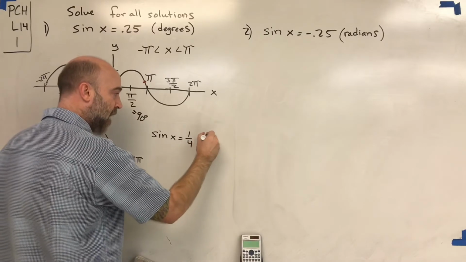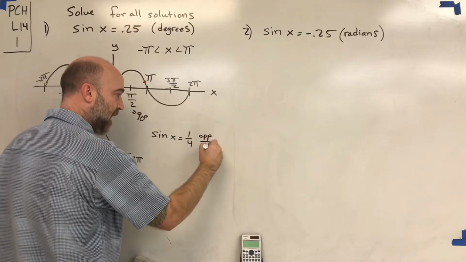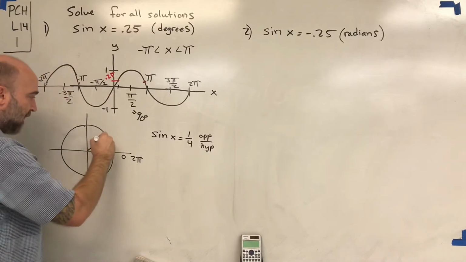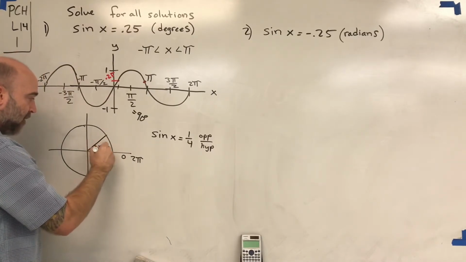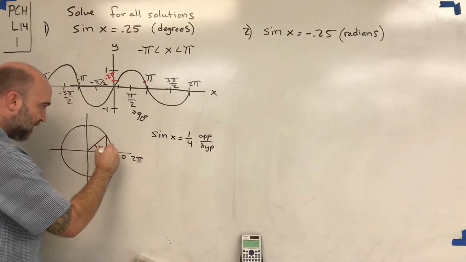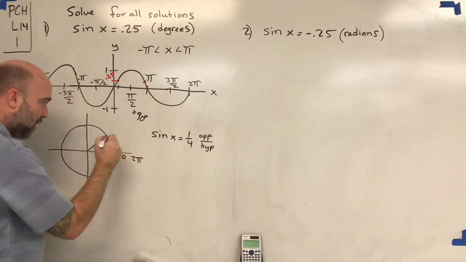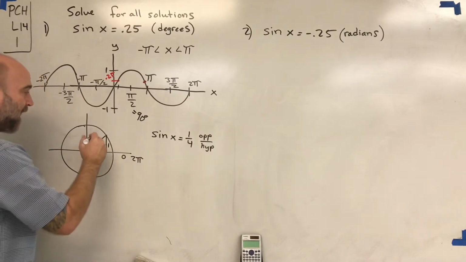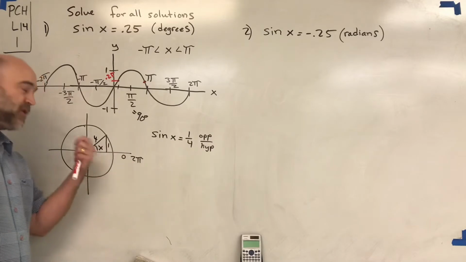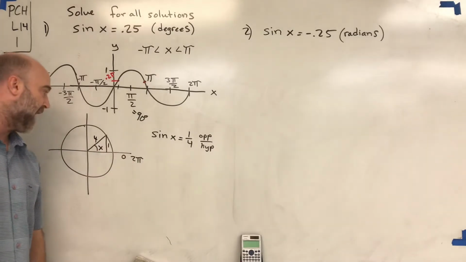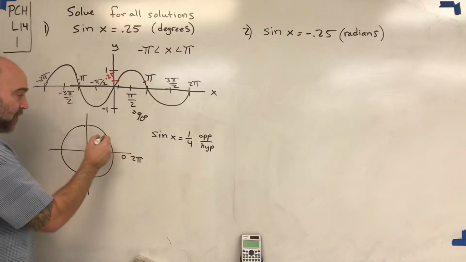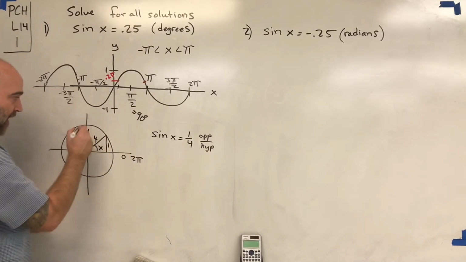So this is the opposite side, that's the hypotenuse side. That would be the x angle here. I have an opposite side of 1, so that side would be 1, and I have a hypotenuse of 4. Now when I'm doing it this way, I'm not too worried about the hypotenuse in this instance. The sine is usually the y value, so I'm looking at this 1 right here.